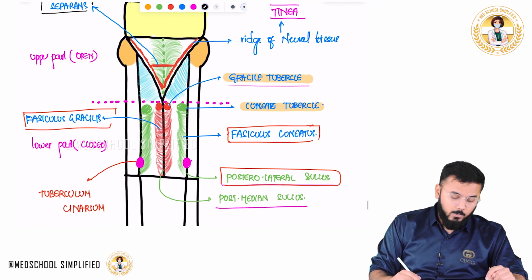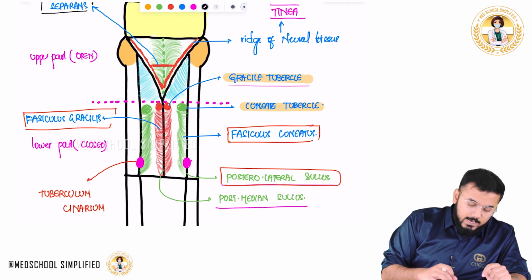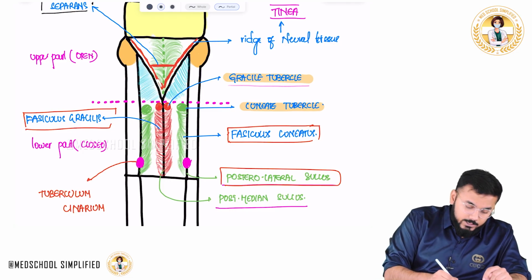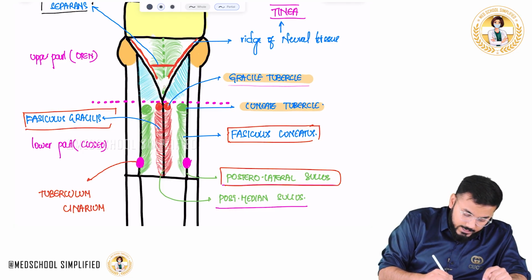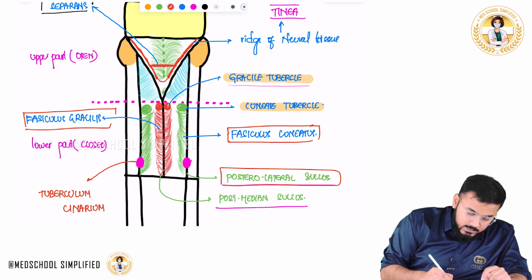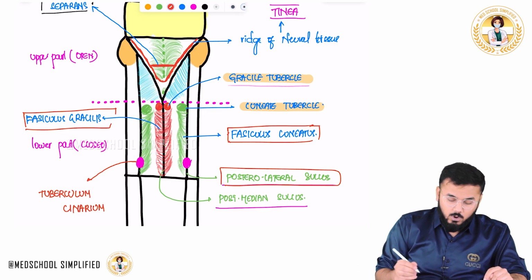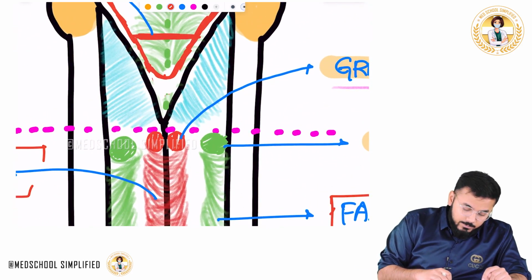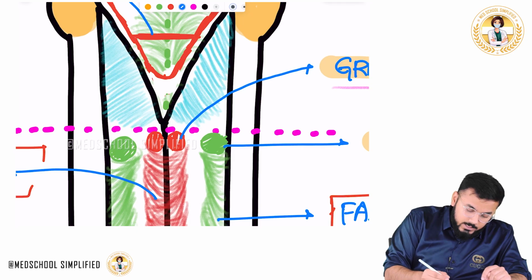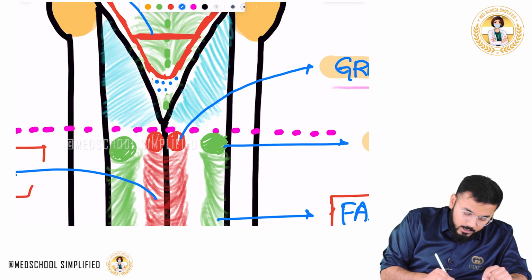Next important thing is just beneath this neural ridge. Let me correct this picture a little bit, right? So this is your neural ridge all the way like this, called your tinea. Just beneath the tinea, I'm putting some small blue color dots like this.